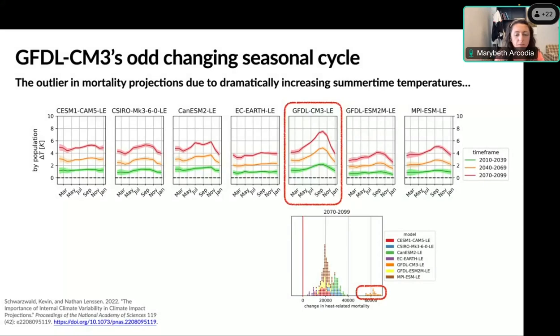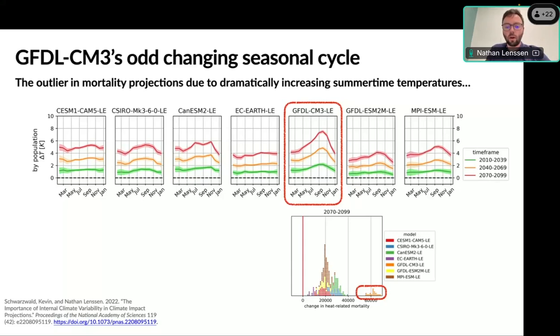And then more philosophically, should we even be trusting these outliers? Is this within the realm of possibility, so it's good to include it? Or if it's this far out, should we be excluding it and looking at more of the similar models?